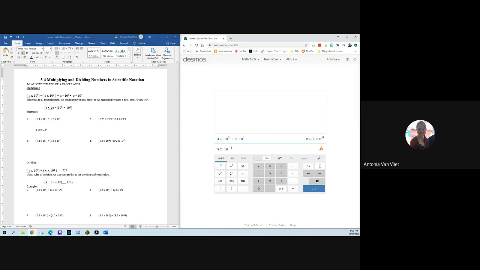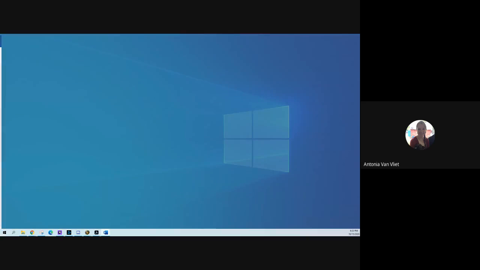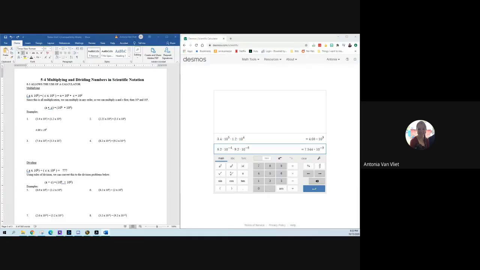So 8.2 times 10 to the -4th times 9.2 times 10 to the -6th, and we get 7.544 times 10 to the -9th. All right. So we can go about that pattern and use it in order to calculate different answers to scientific notation multiplication problems.